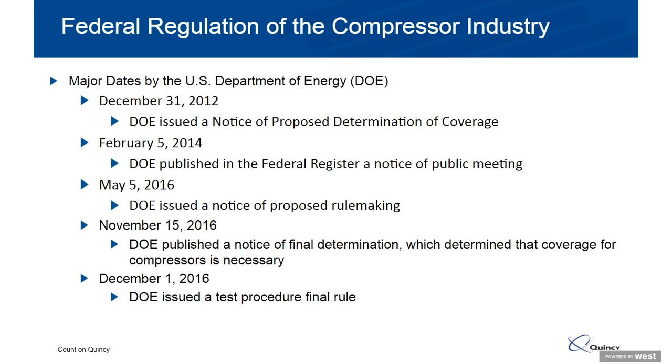On February 5th of 2014, a notice of public meeting was published in the Federal Register. May 5th of 2016, the DOE issued a notice of proposed rulemaking. That's where we first learned about some of the specifics of the new rules. Now, in November of 2016, the DOE published a notice of final determination, which determined that the coverage for compressors was necessary. And then on December 1st of 2016, the DOE issued a test procedure final rule.